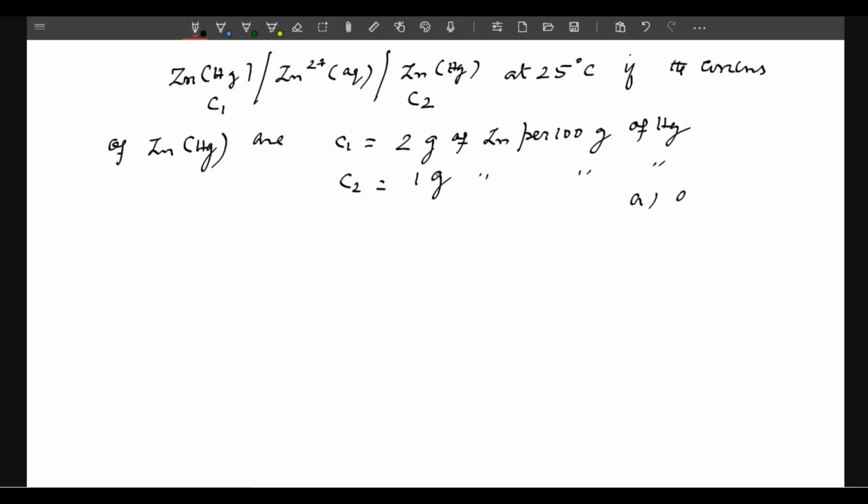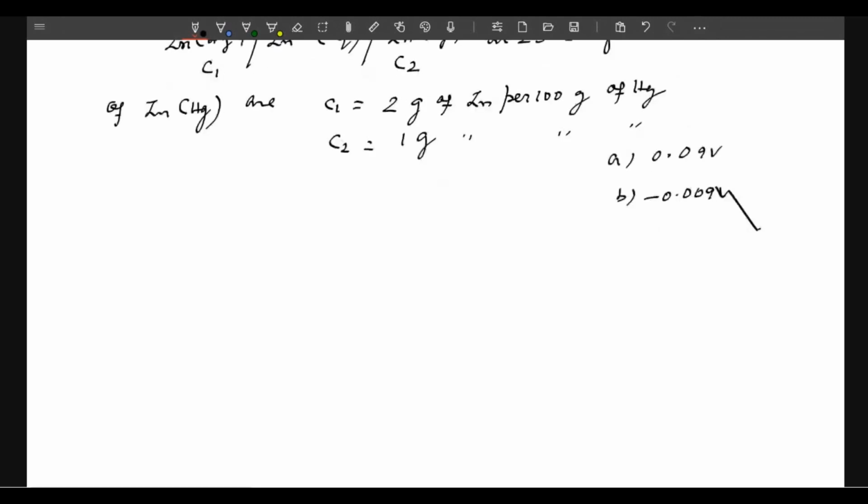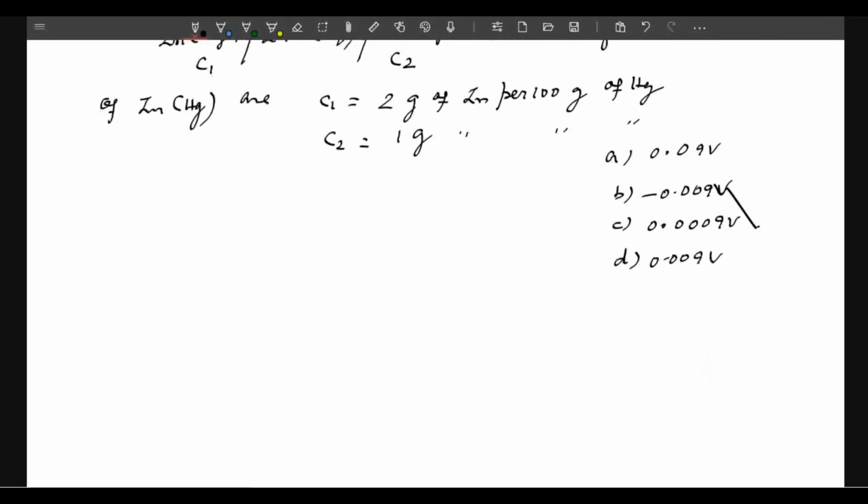Option A 0.09 volt, B minus 0.009 volt, and so on. This is a homework.